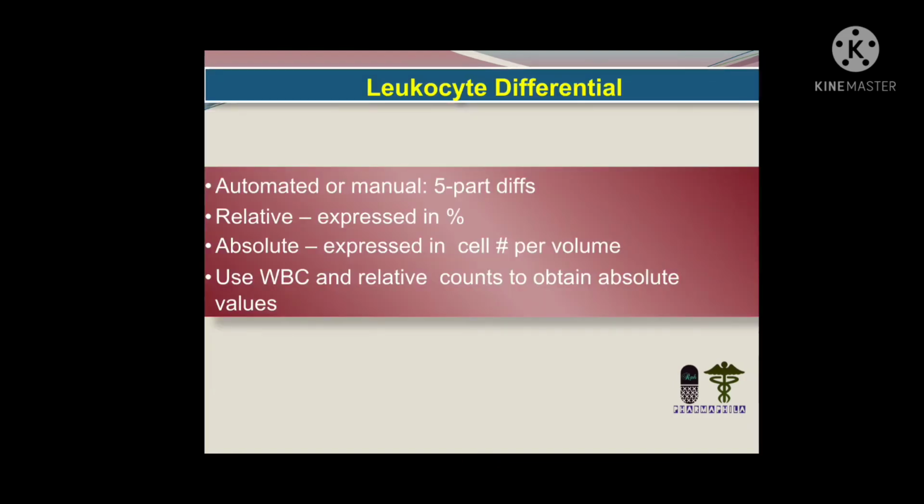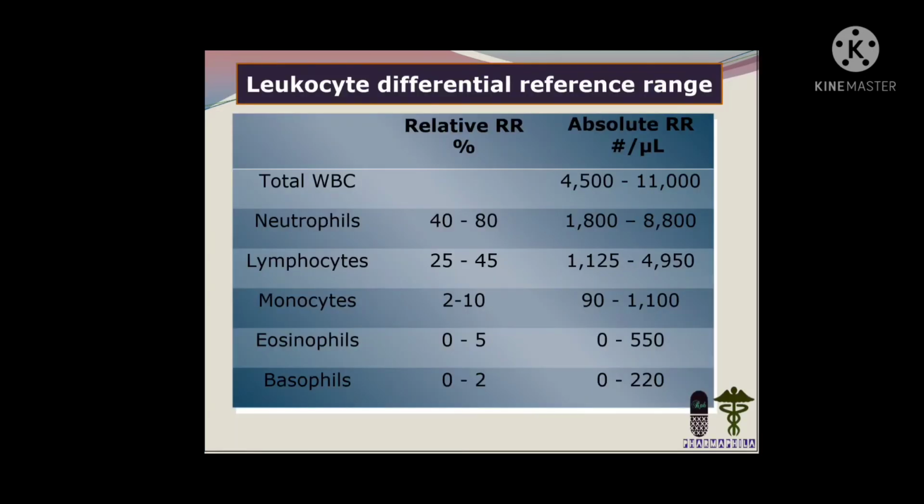Leukocyte differential: it is an automated or manual 5-part differential you can get in the CBC. Relative is expressed in percentage and absolute is expressed in cells per volume. Use the WBC and relative count to obtain the absolute value, and here you can see the leukocyte differential reference range.